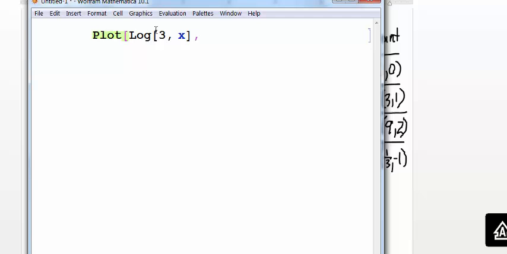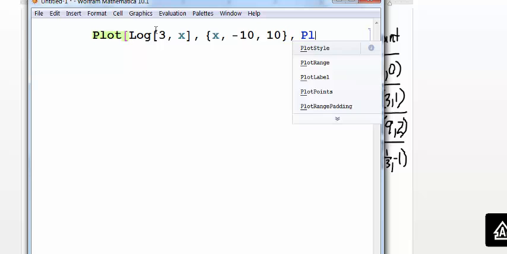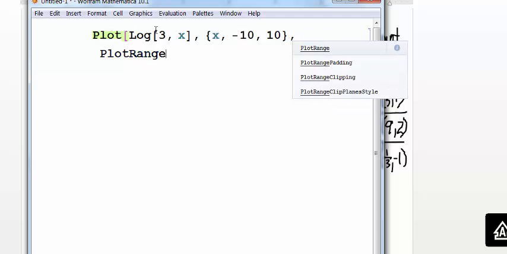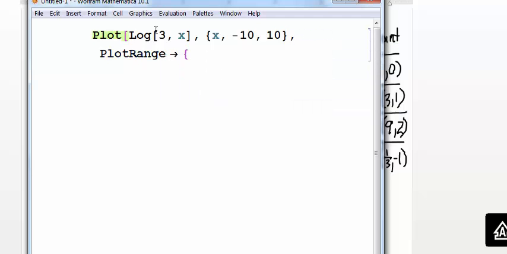And then I tell it I want x to range from -10 to 10, and I want the plot range to go from -10 to 10. Alright, and let's look at the graph.